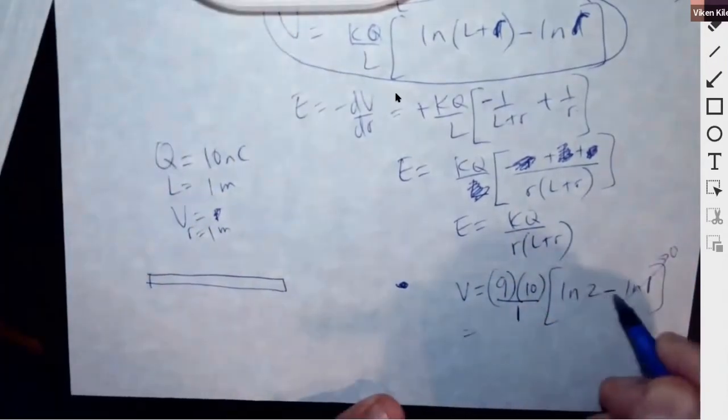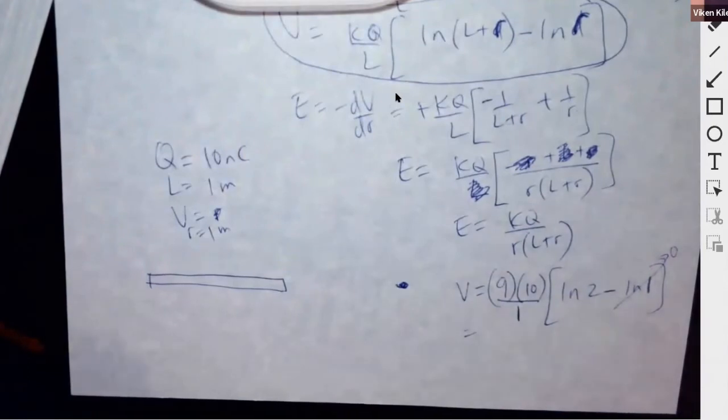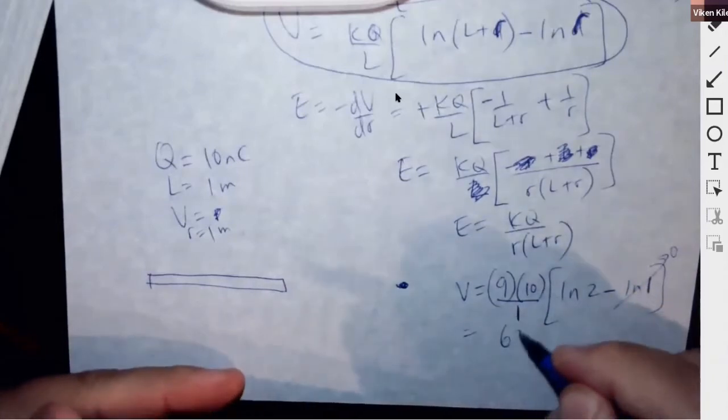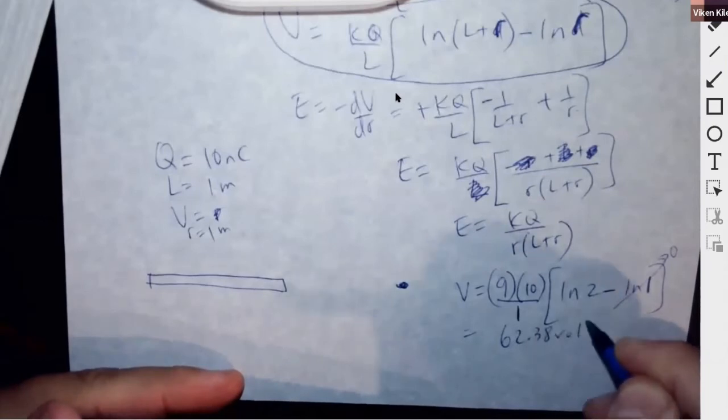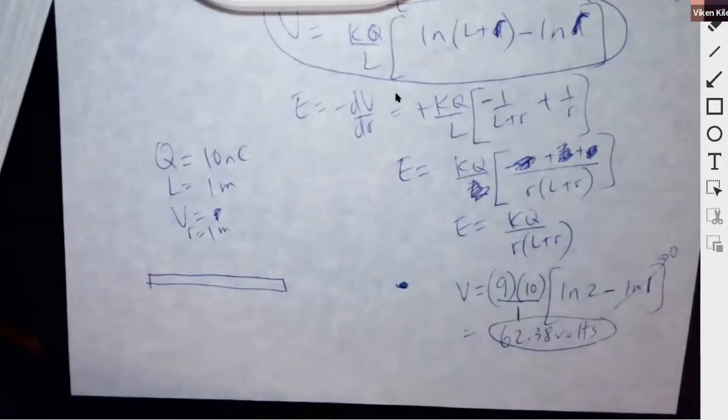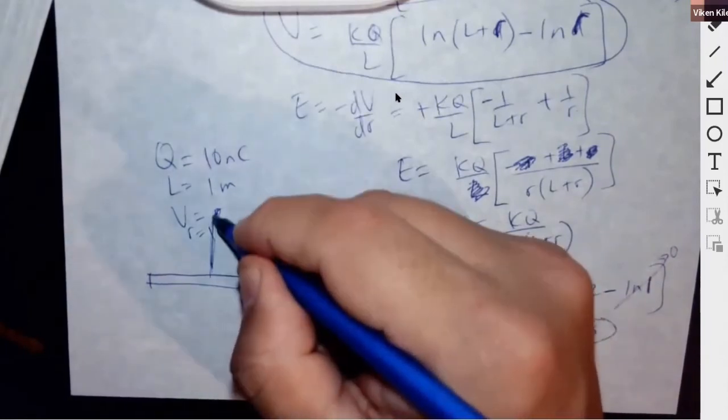Then you just have 90 times ln of 2, which is 62.38 volts.